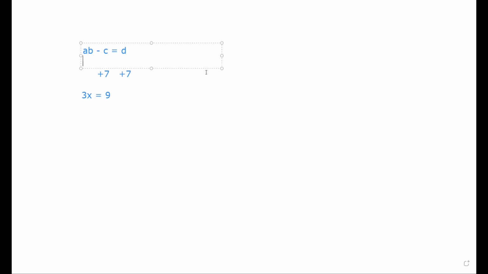We don't care whether they're letters or not, because the process is the same. I still have to cancel that C term from the left side, get it over to the right. Okay. Now I got A times B equals D plus C. It's essentially the same thing I did over here on this other one.